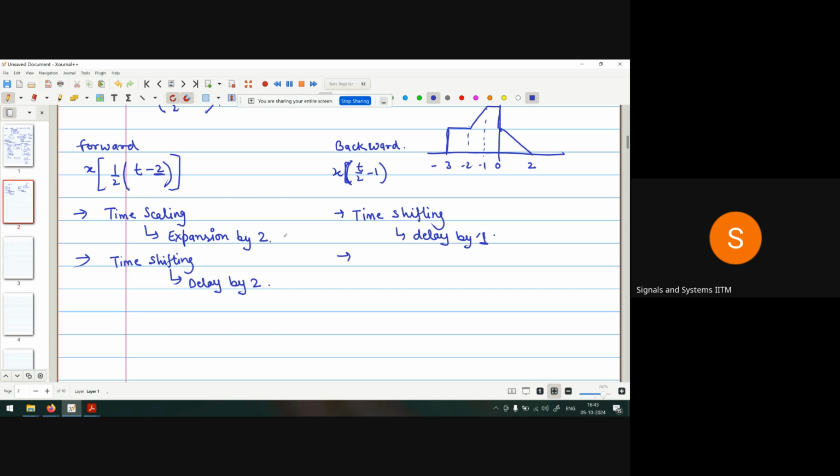And second is time scaling, expansion by 2. Okay. Now we start.